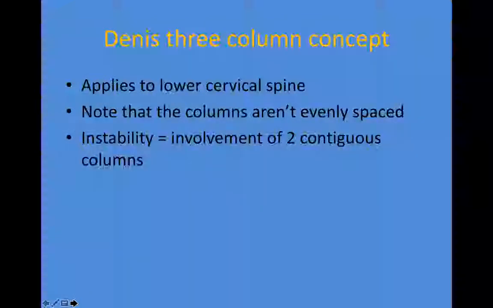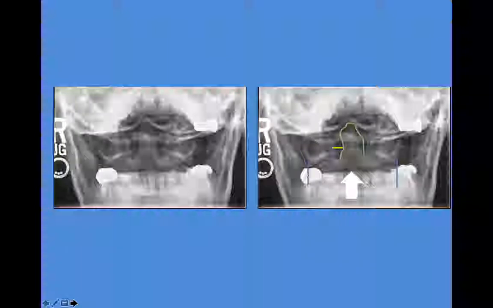Okay, so we were talking about this Denis three-column concept, and that was mainly applying to the lateral view, although you can, of course, use all your other imaging that you will have, CT and MR, to play into evaluating instability. So now we're going to look at this odontoid view, and I've put just a virgin radiograph on the left, and then I've drawn some lines on the right to show you what your eyeballs should be tracing over.